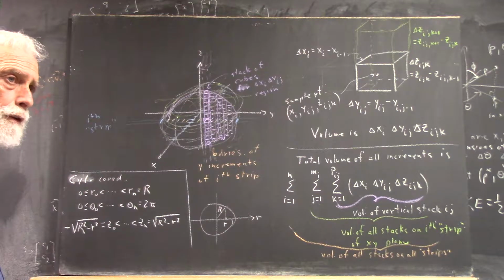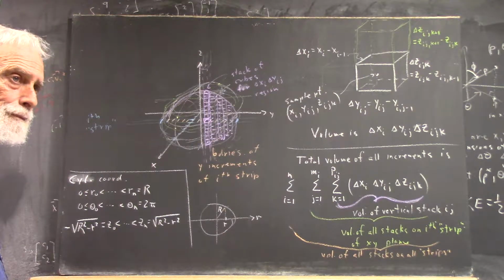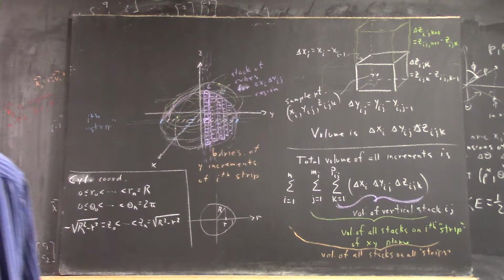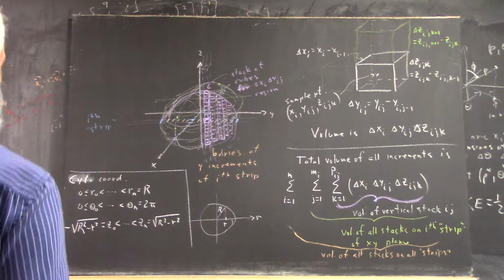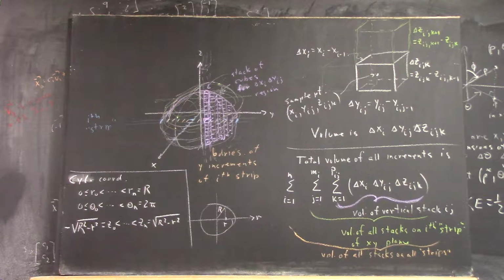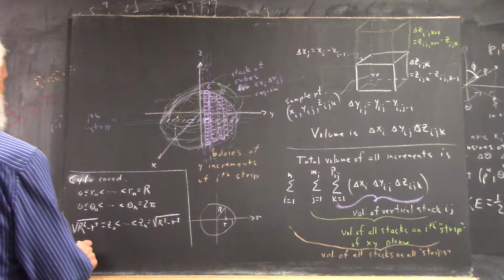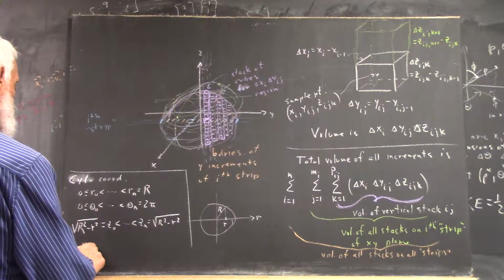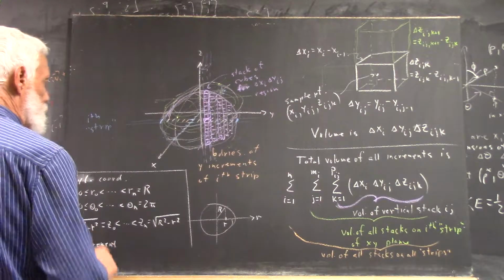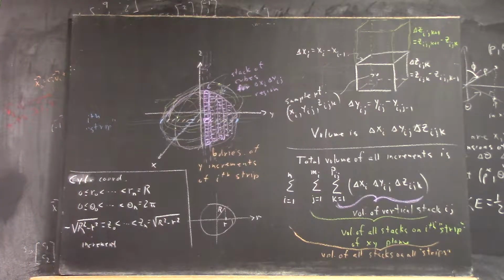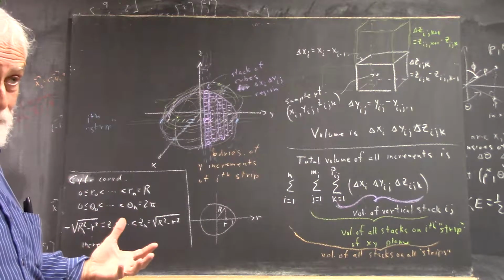Well, what about spherical coordinates? See if you can write it down in spherical coordinates. Oh yeah, well, what's our typical increment? Our typical increment is not a rectangle, but it's an approximate rectangle.